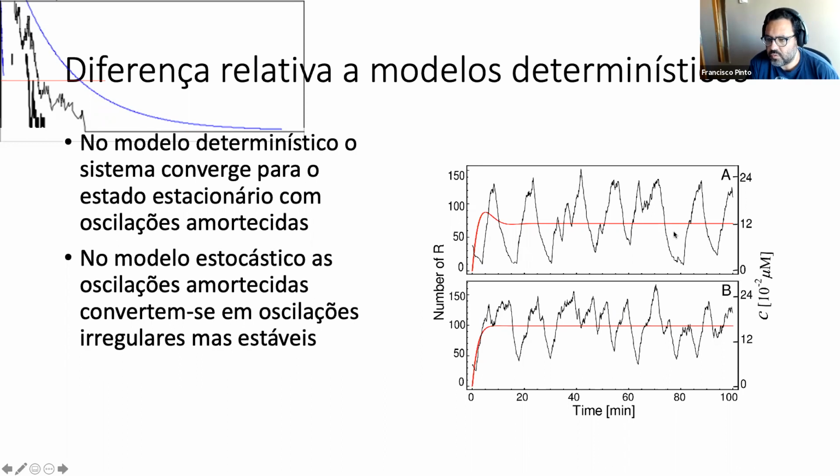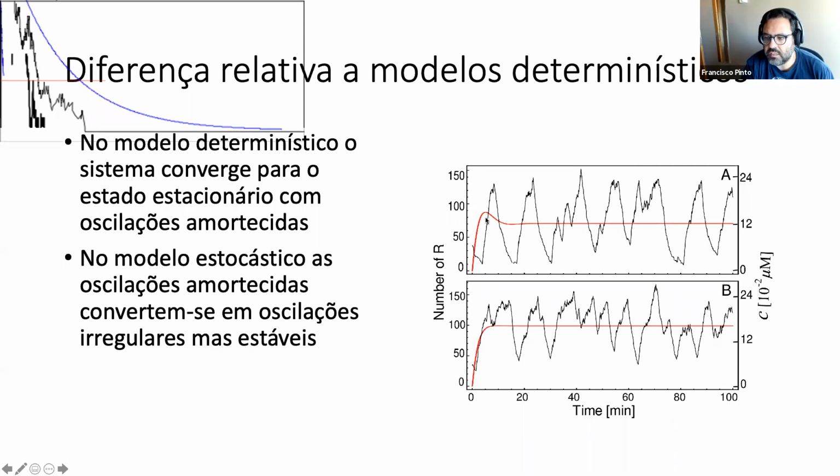In this upper graph, we have a system where the red line is the solution of the differential equations. So it is a very smooth damped oscillation. It goes up, goes above the fixed point, goes below the fixed point, and then finally stabilizes at the fixed point.